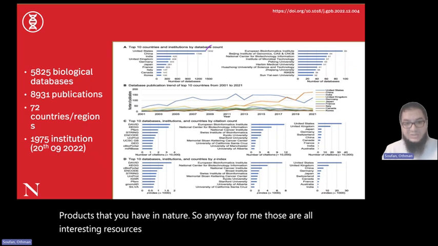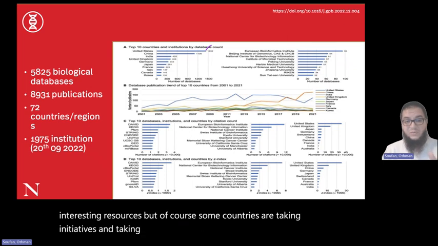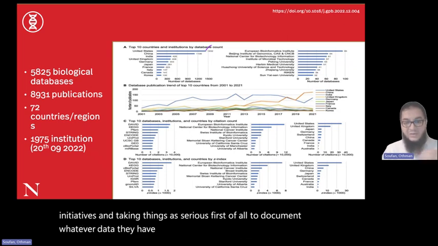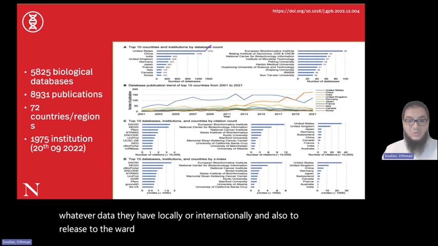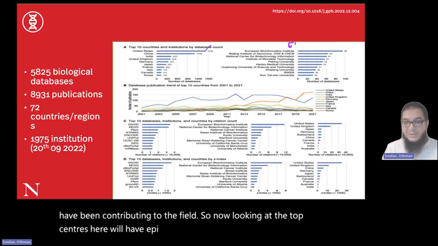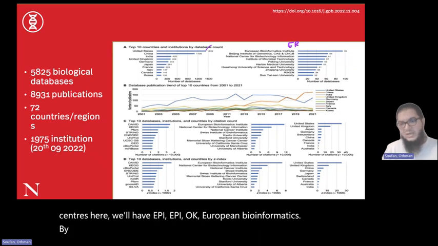But of course, some countries are taking initiatives and taking things seriously. First of all, to document whatever data they have locally or nationally, and also to release to the world some interesting tools and show that they have been contributing to the field. So now looking at the top centers here, we have EBI, the European Bioinformatics Institute.